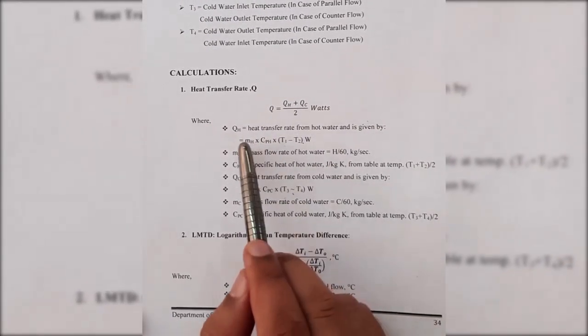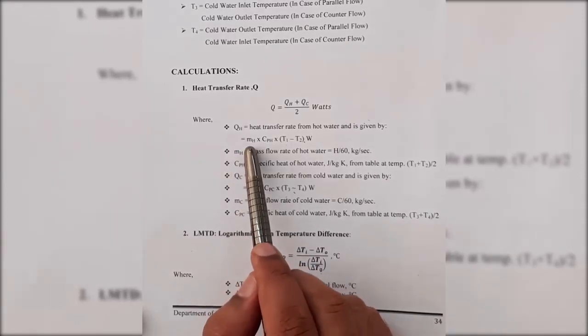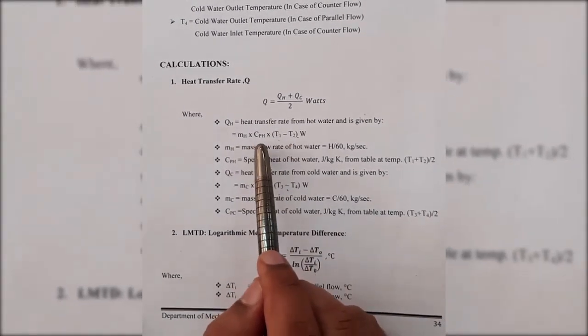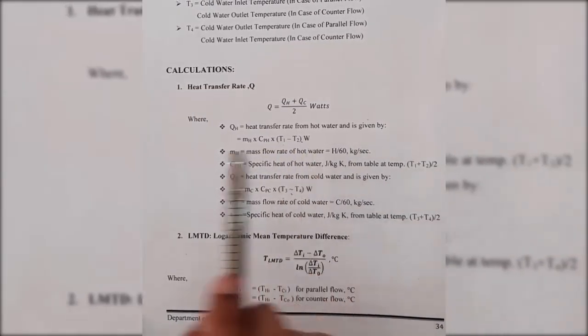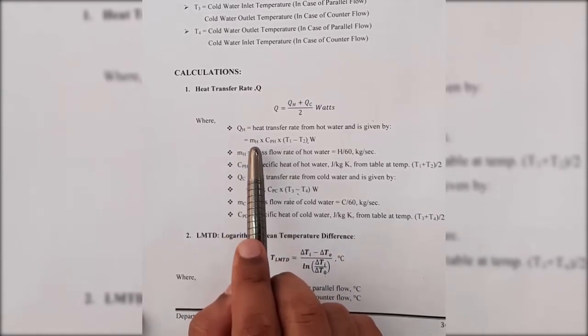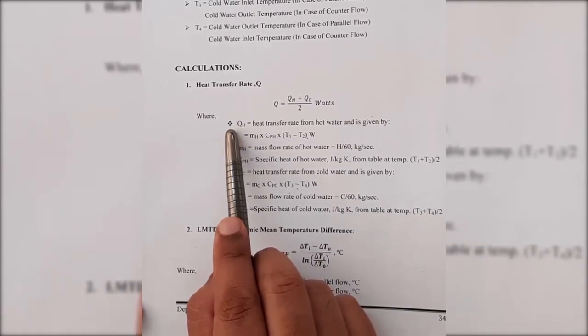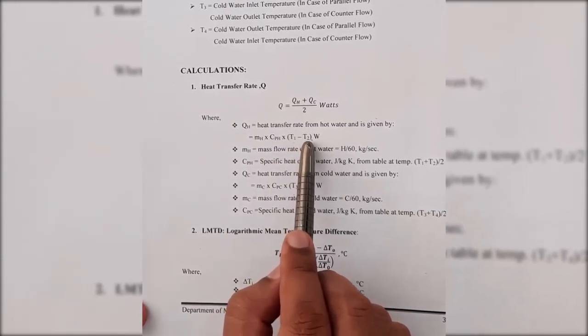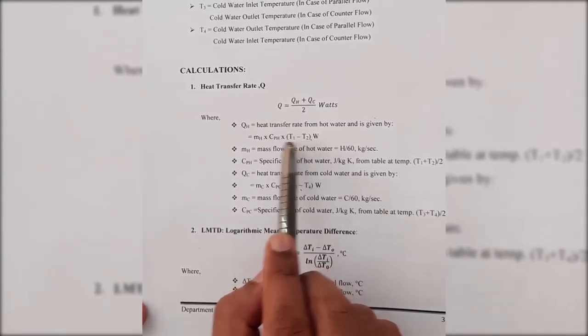How are we going to find out QH individually? MCp delta T. MCp delta T is a common heat transfer equation, but here for hot water it is represented by QH, that is MH into CPH into (T1 minus T2). What is this MH?